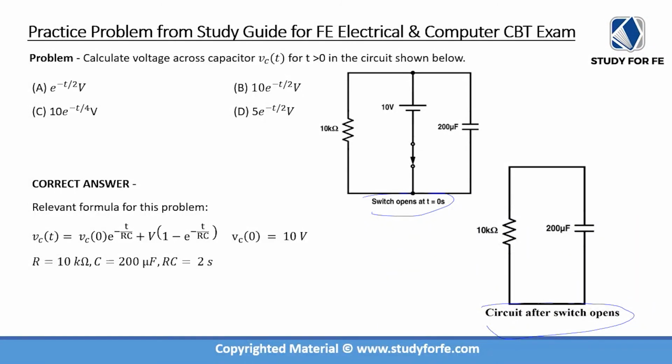Now the fundamental equation or the formula still remains the same, and we have to go through those steps that we discussed previously in order to identify what our Vc at 0, the initial voltage across the capacitor is, what the resistance is going to look like, and what our time constant is. Overall, this is a much simpler circuit, because you can see that in this case your Vc0 is equal to 10 volts because the entire voltage source is being applied across the capacitor.